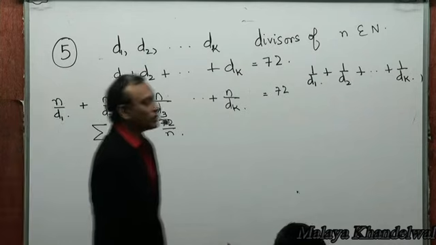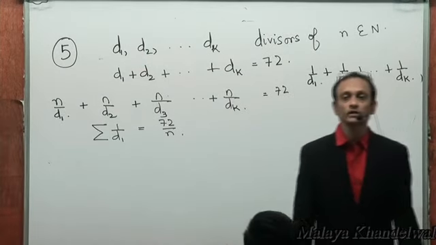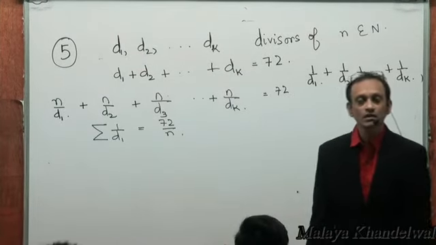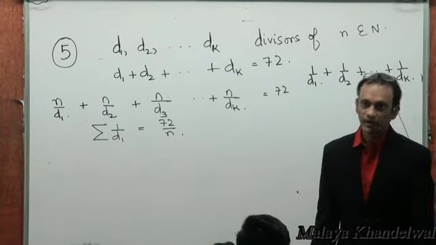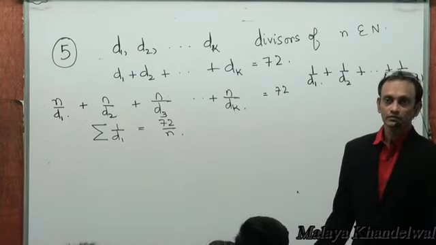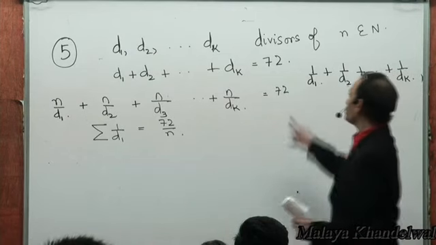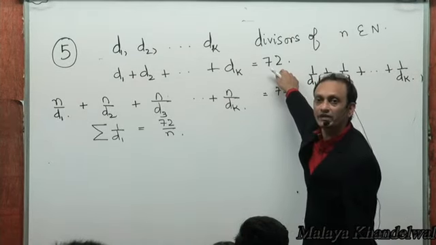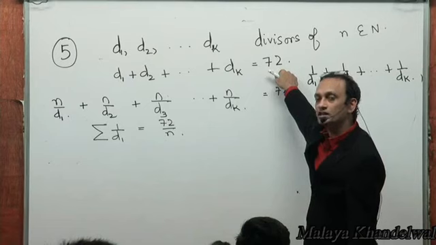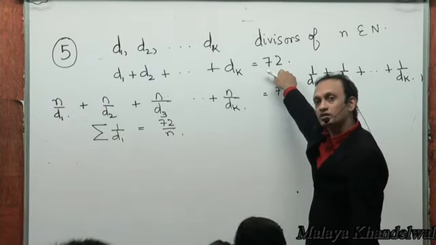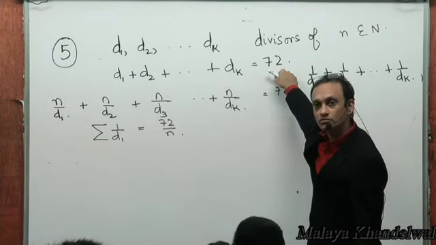No. It is not like there is a one-to-one relationship between the sum of the divisors and a natural number n. We are assuming that. What you are saying is this should uniquely determine n. No. There can be many values of n such that the sum of the divisors is 72.